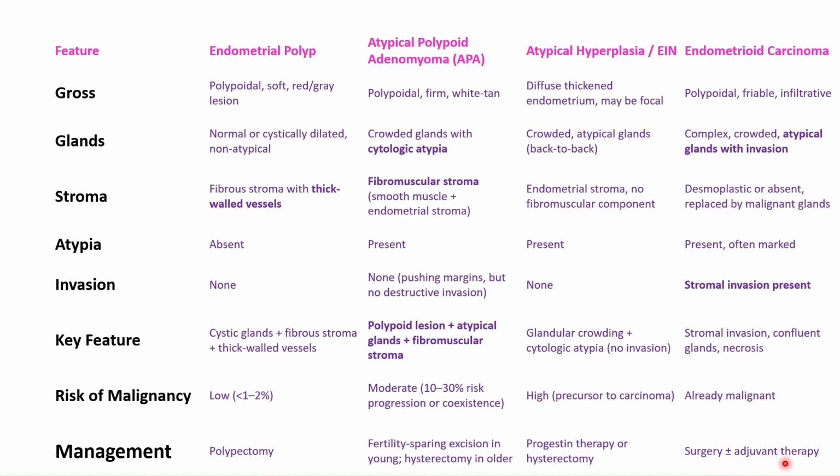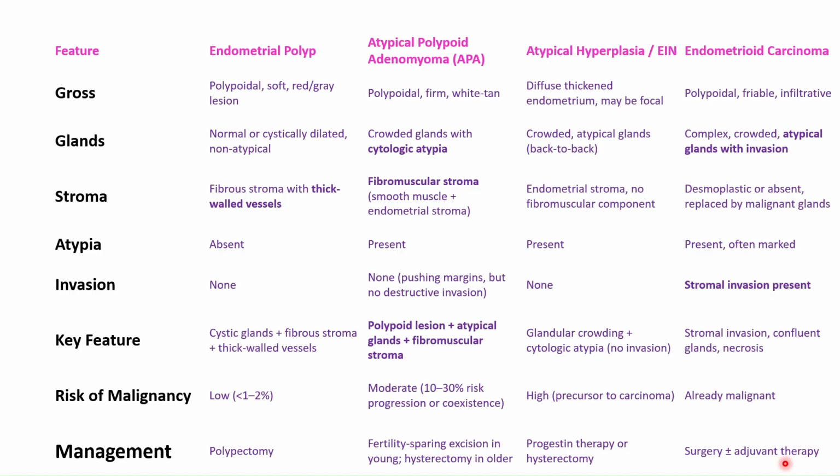So I hope now you can easily appreciate endometrial polyp, APA and atypical hyperplasia. When you see the slide under the microscope or suspect endometrial polyp, you have to look at all the components of the polyp, whether they show hyperplasia, functional activity or any atrophic component, and whether they contain cytological atypia or not.